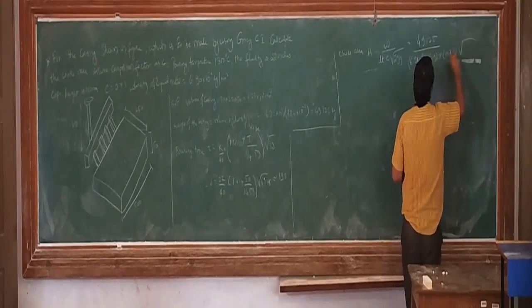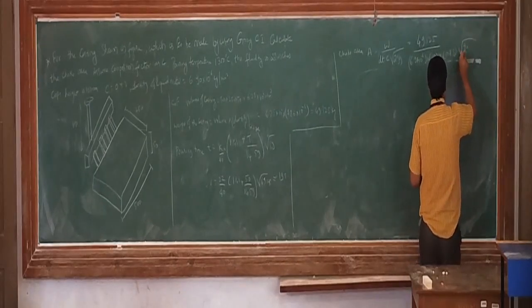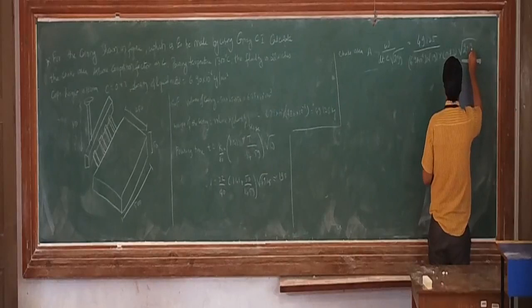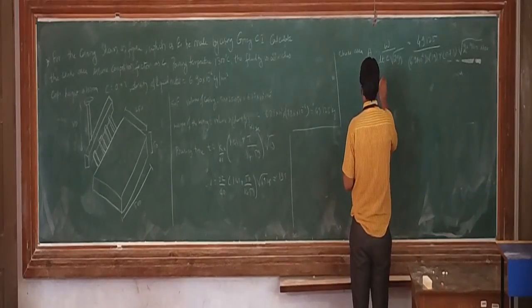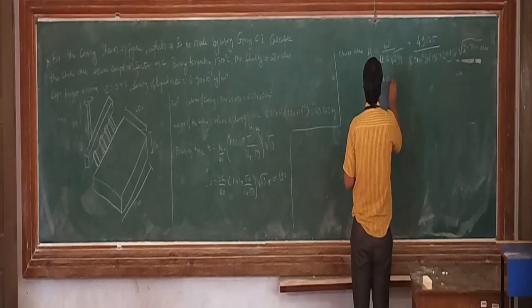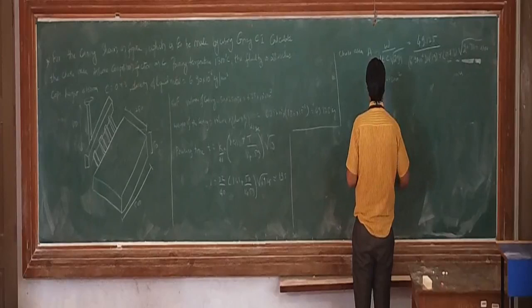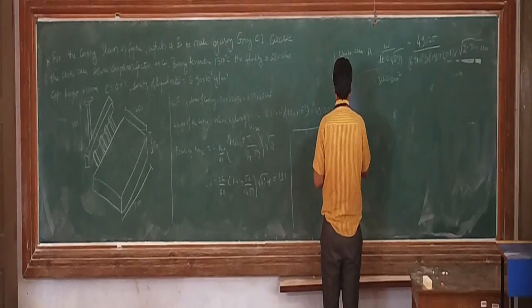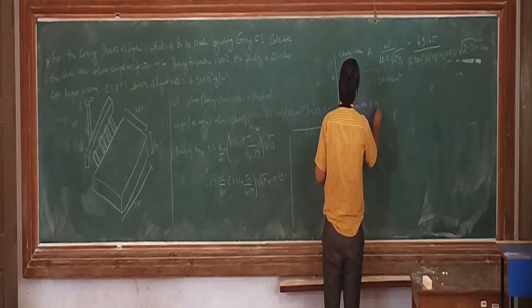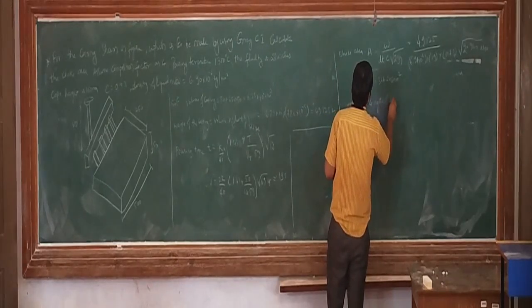Whole thing is multiplied by 2 into 9,800 millimeters per second square into 100. So it will come out to be 366.648 mm square. There are four ingates. This can be seen from figure.